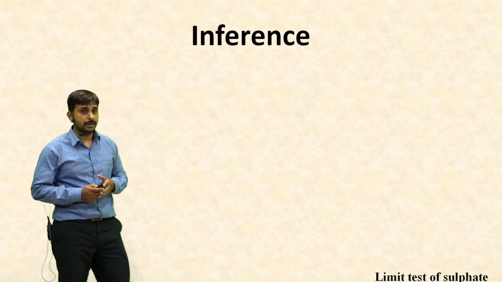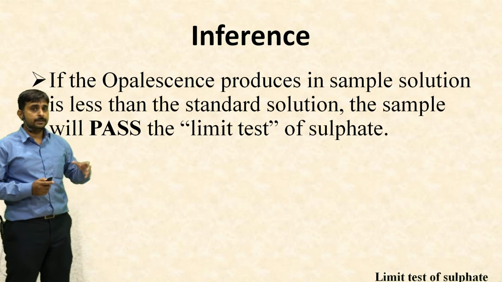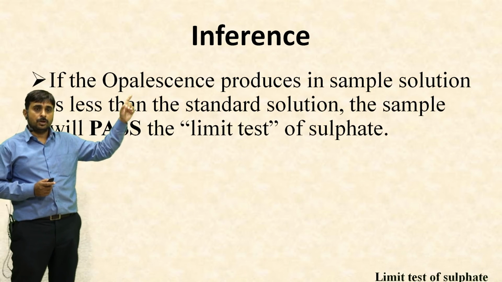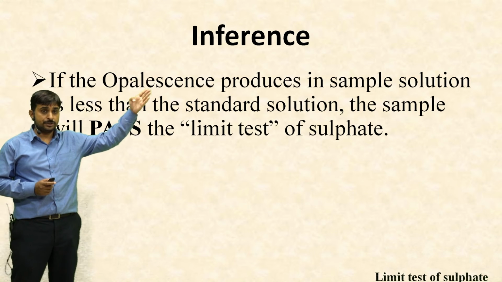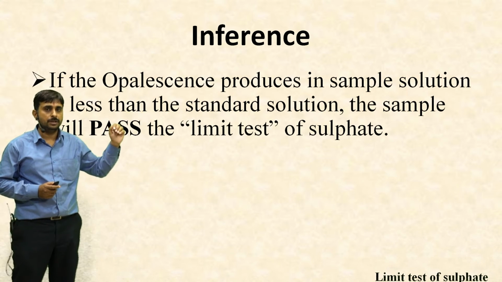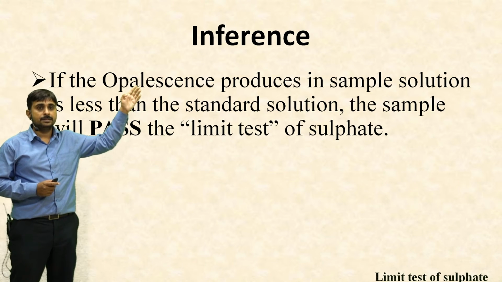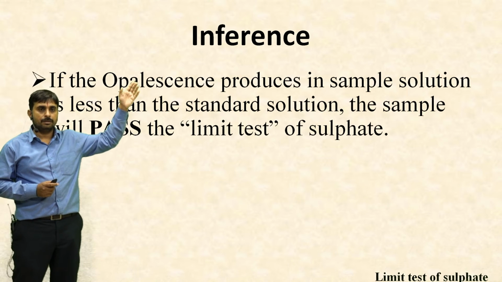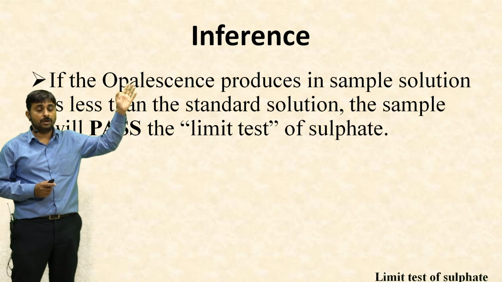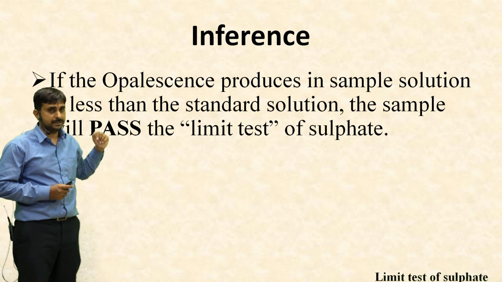Here again we have two inferences. If the opalescence of the sample solution is less as compared to the standard solution, the sample is said to pass the limit test.